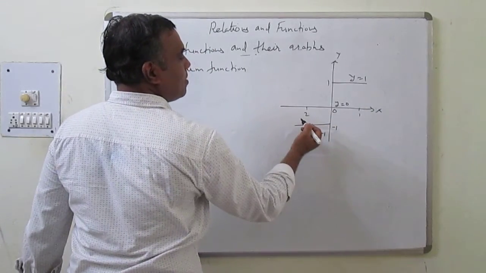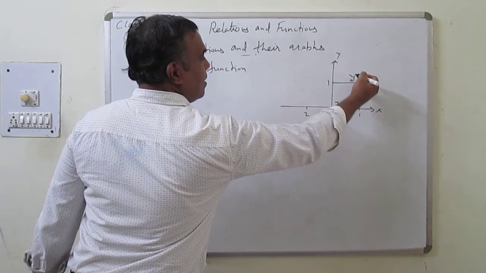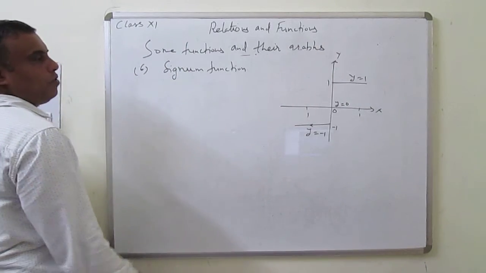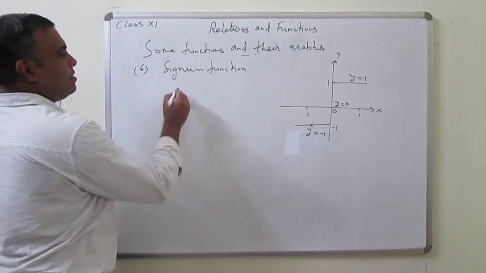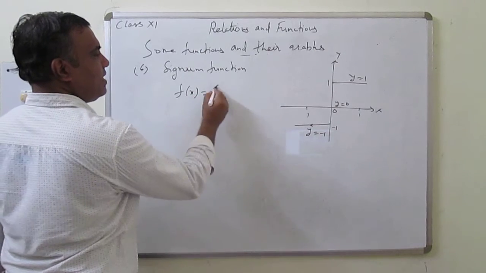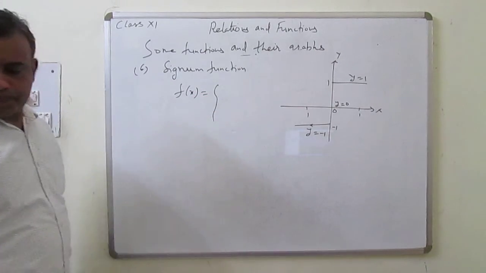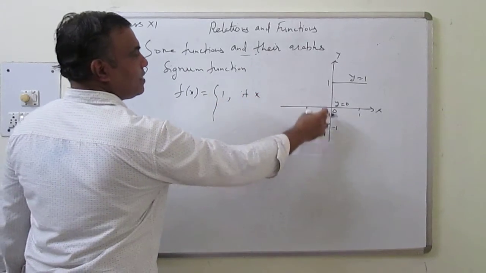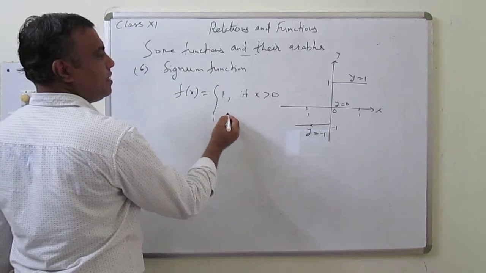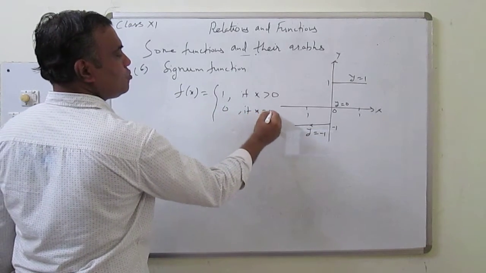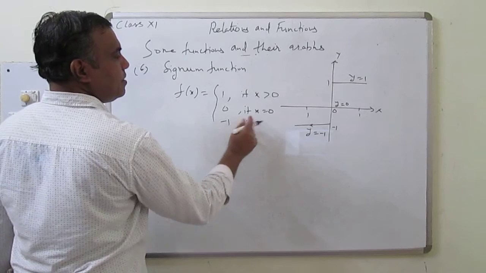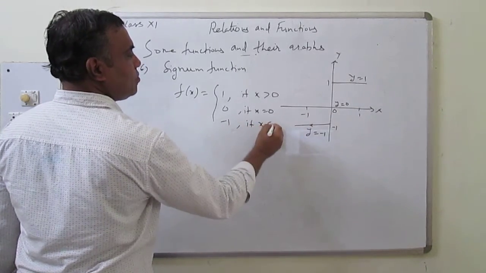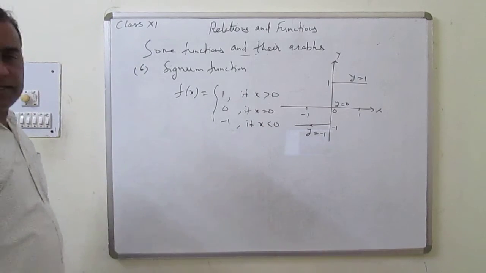Here the point is 2, minus 1, here it is 1, 1. So what is the domain here? Real numbers. We can write this function as: it is 1 if x is greater than 0, it is 0 if x is equal to 0, it is minus 1 if x is less than 0.